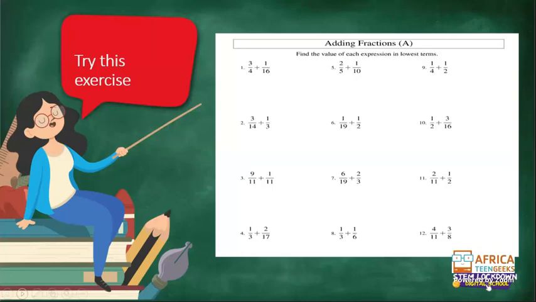Then 2 over 17, which we multiply by 3, gives 6 over 51. Now when you add 6 and 17 together, you have 23. So the correct answer is 23 over 51.